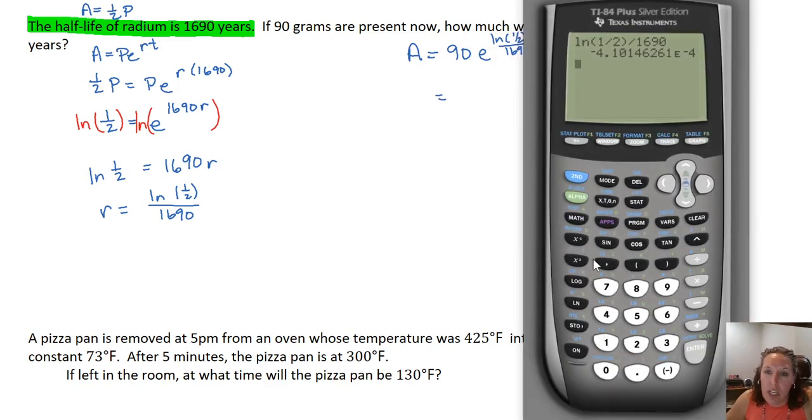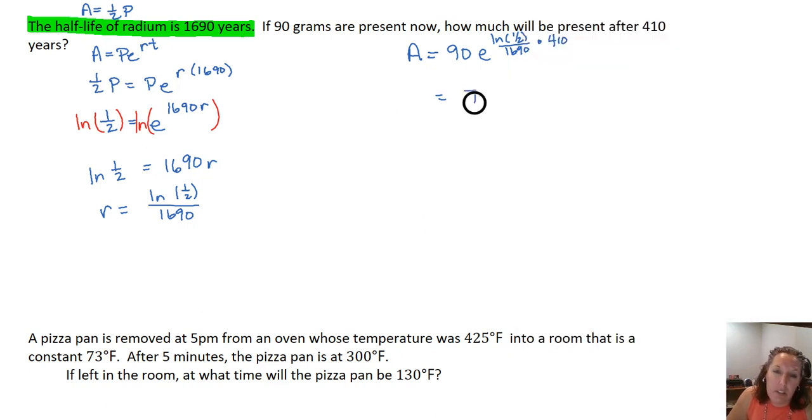And so now we can just plug in 90 times e raised to that answer, our r value times 410 years, which gives us 76.07. And the units on that are going to be the same units that were given in the problem, so grams of radium.